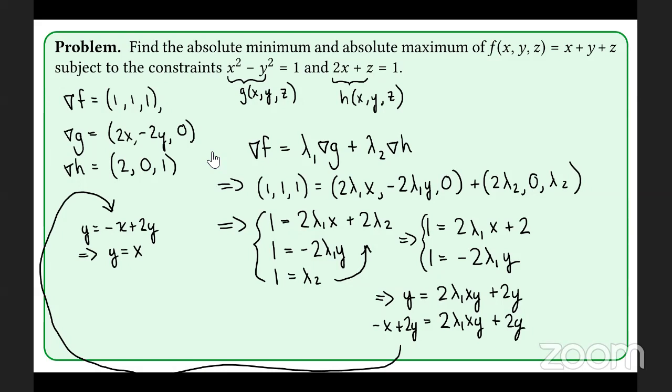If it said that constraint or that constraint, then you could deal with them as two separate problems. But both constraints need to be simultaneously applied. So it's not sufficient to find places where the gradient of f is parallel to the gradient of g, or just parallel to the gradient of h. It needs to be parallel to some linear combination of the two of them.